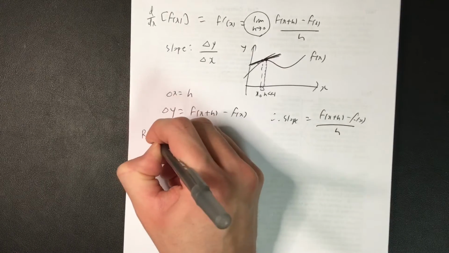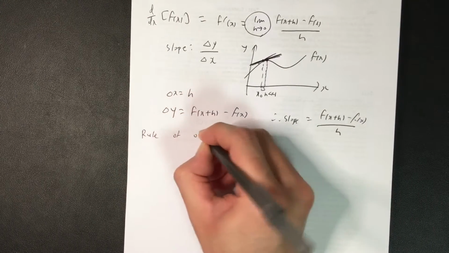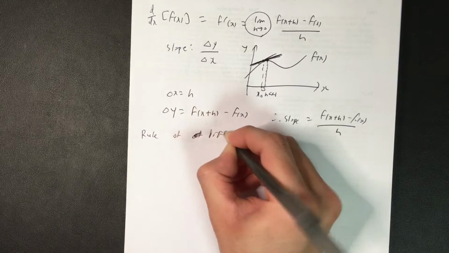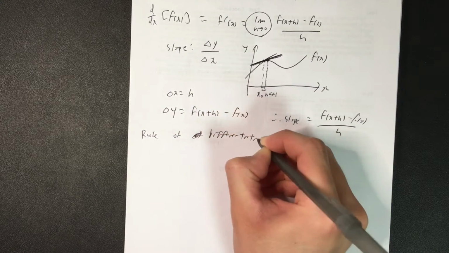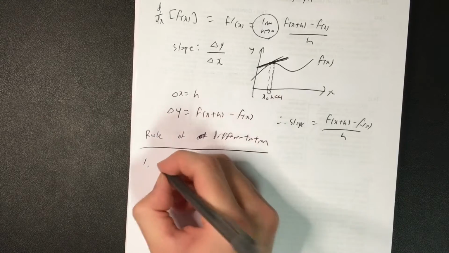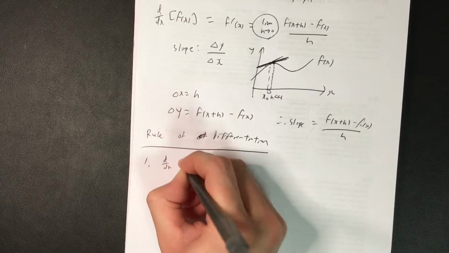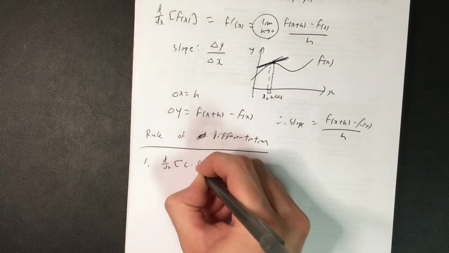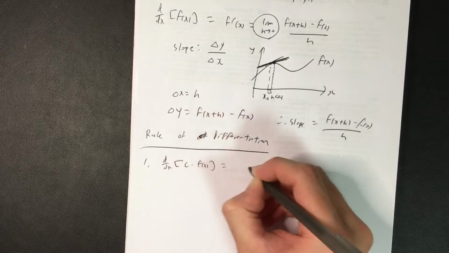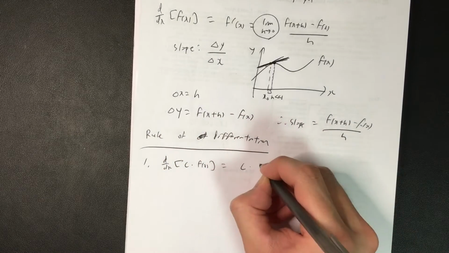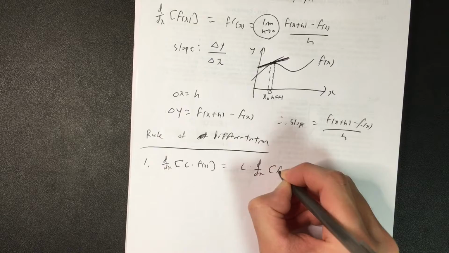There are some rules for differentiation. The first one is, if I take a derivative of some constant times f of x, then this simply equals the constant times the derivative of f of x.